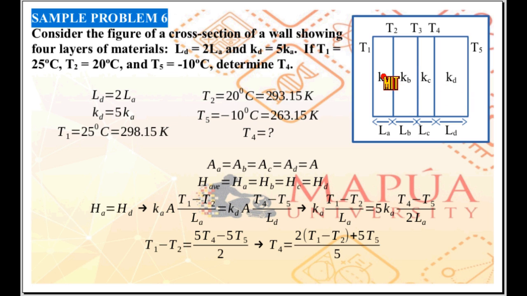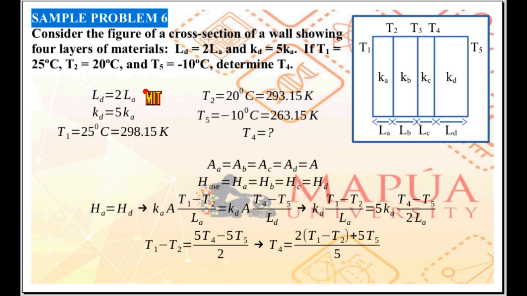And for materials that are in series connection or layering, there's only one heat transfer rate flowing through the layers. H average is equal to HA, is equal to HB, is equal to HC, is equal to HD.